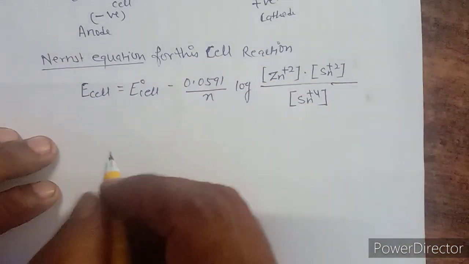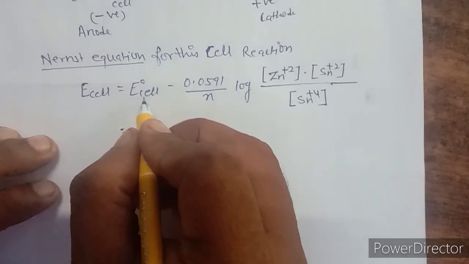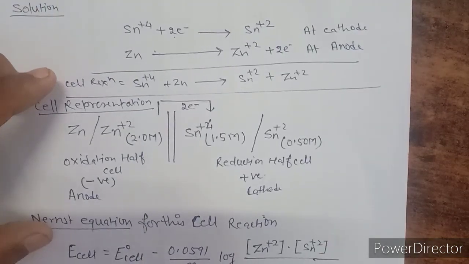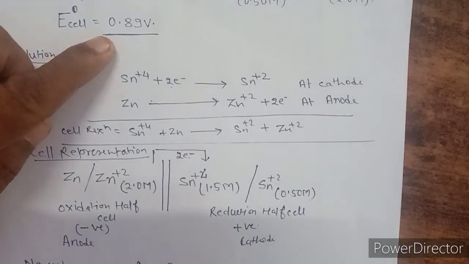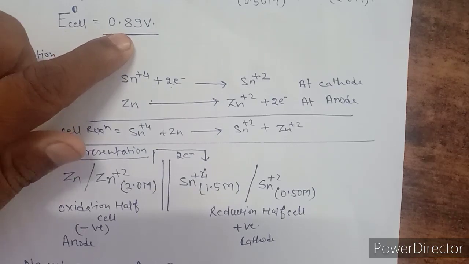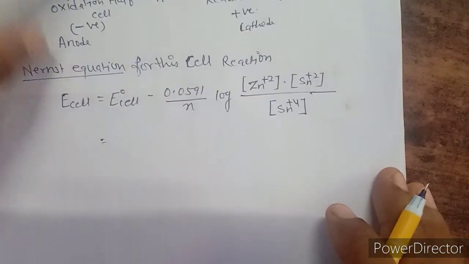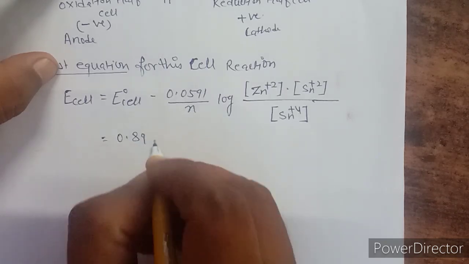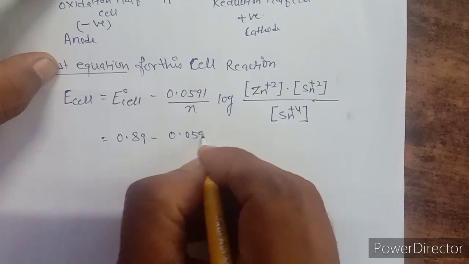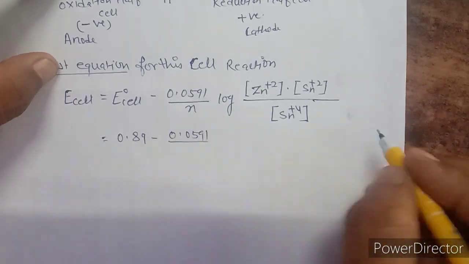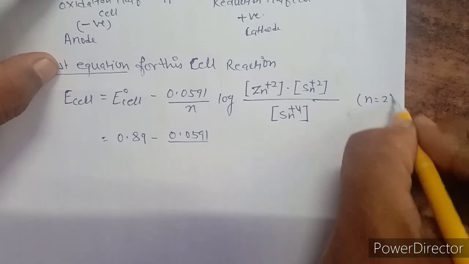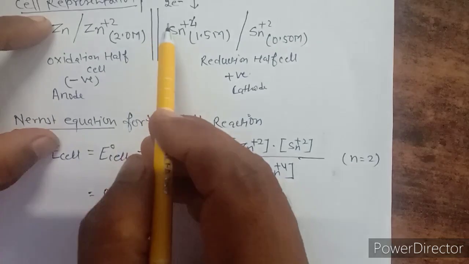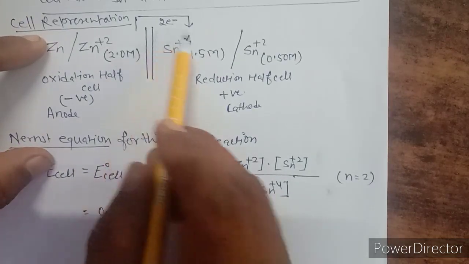Now put the value for the E naught cell. The value of E naught cell is equal to 0.89 volt. So you put this value here, 0.89 volt minus 0.0591. Here in this equation n is equal to 2, because only 2 electrons participate in this reaction.